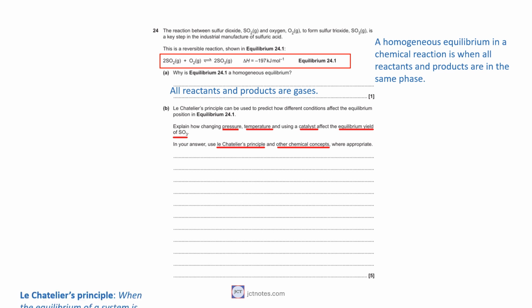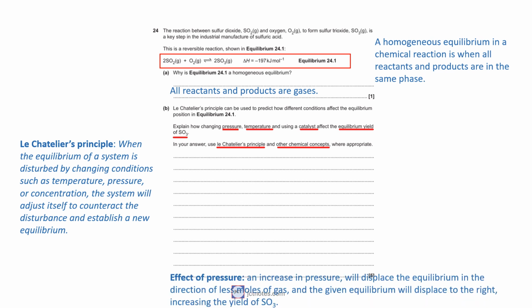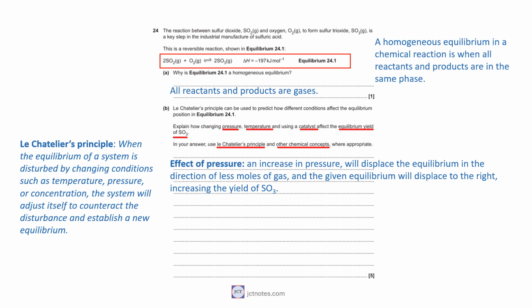Le Chatelier's principle can be worded as: when the equilibrium of a system is disturbed by changing conditions such as temperature, pressure, or concentration, the system will adjust itself to counteract the disturbance and establish a new equilibrium. Effect of pressure: an increase in pressure will displace the equilibrium in the direction of fewer moles of gas, and the given equilibrium will displace to the right, increasing the yield of sulfur trioxide.